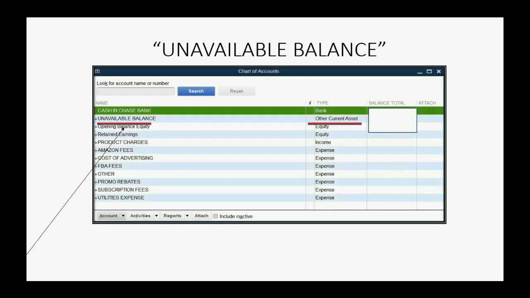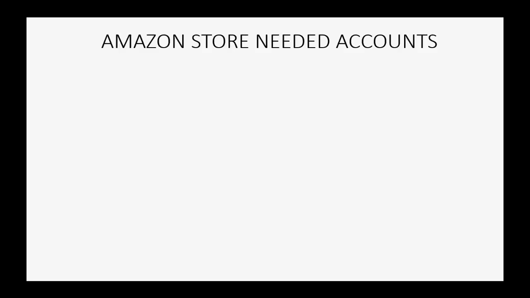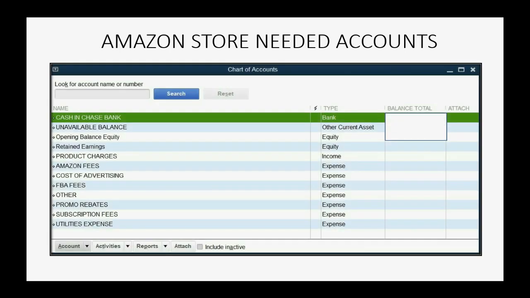So there's also another one called unavailable balance, which is an asset that represents the amount that Amazon is withholding until next month. And these are the accounts that you will need.